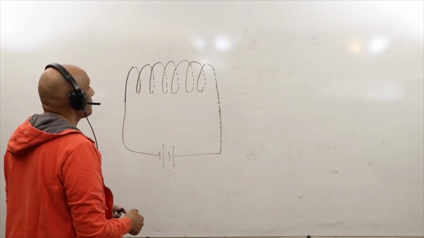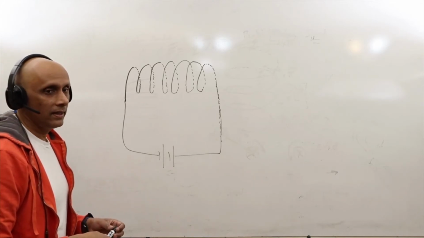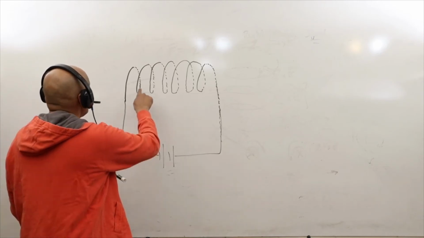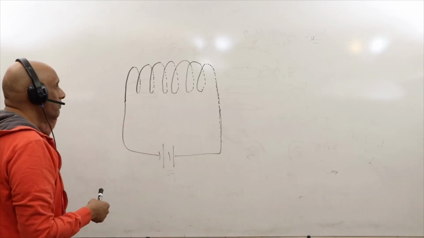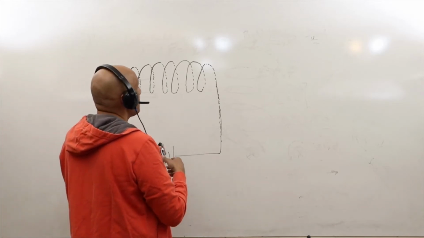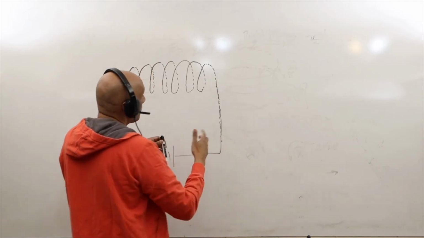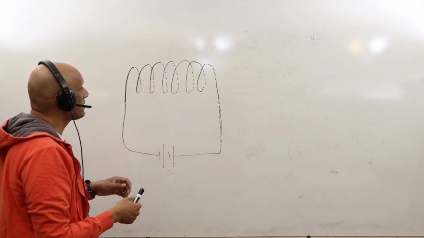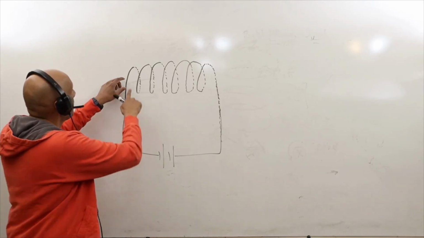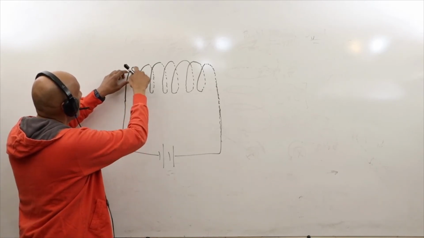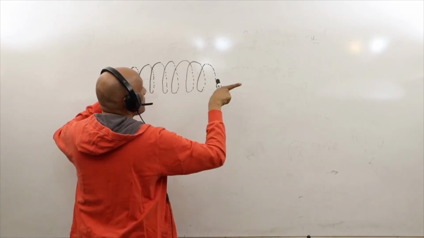So first question: is this a right-hand spiral or a left-hand spiral? Not enough dots here. Okay, so it's going out of the board. Before we look at the first wire, is this a right-hand spiral or a left-hand spiral? Imagine that I am turning this way and going in this direction.